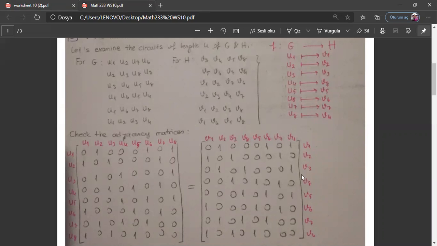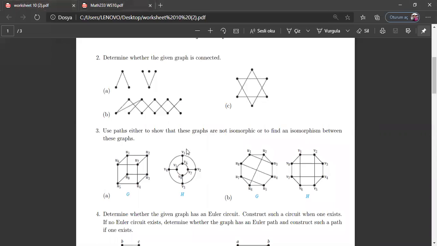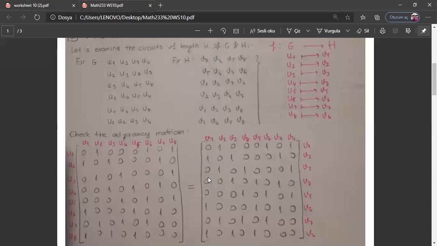So we write them as you see and fill the matrix again using this graph. We know, for example, there's an edge between v1 and v6, v1 and v2, v1 and v4. So here we have v1 and v2, 6 and 4 here. So we have this matrix.